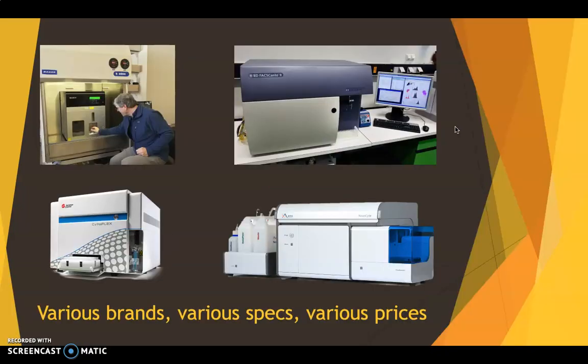So before I go further, this is basically a very expensive machine. It can range from less than 100K and up to like ₦1,000,000. It all depends on the specification of a flow cytometer.